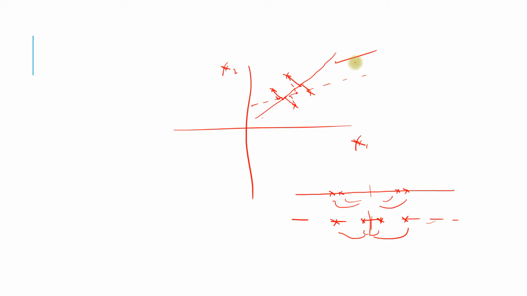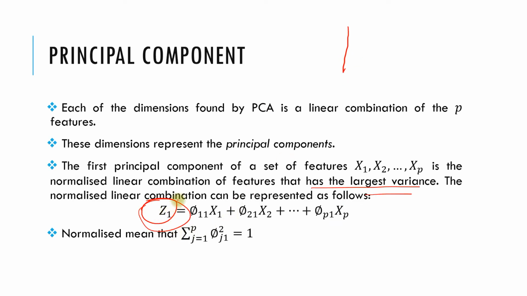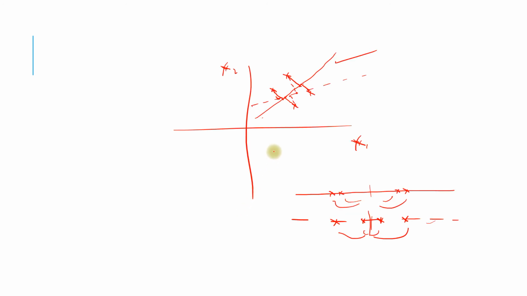So what is the principle here? We want that linear combination that will explain the largest variance. And of course, the linear combination will have some weights attached to it. Like for our example here, you can just imagine it in terms of two variables. So you will have certain weights that define a direction, a vector, where the line is.